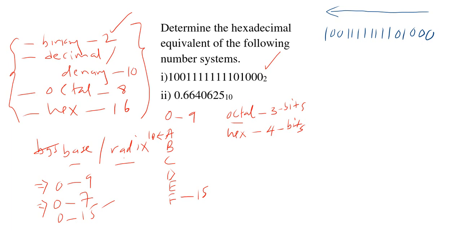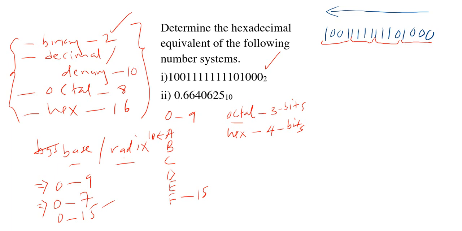So let's do that. We shall have our first group from here up to there, and then the last group. All the groups have 4 bits, so we are not adding any bits to the left.